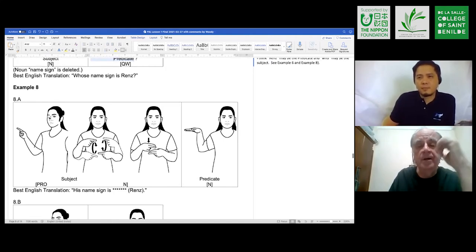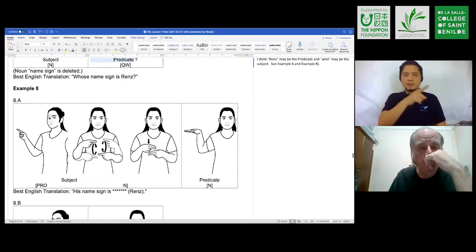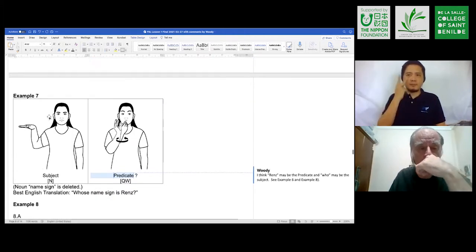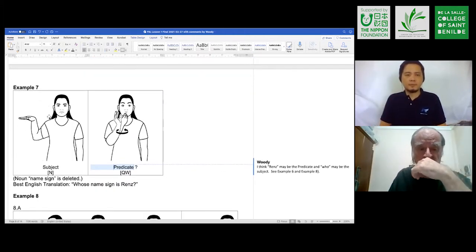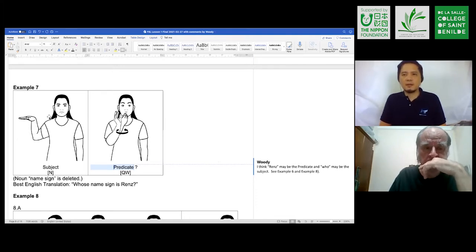So if we go back up and look at 7, we have to flip it around. Not the same. Which one?